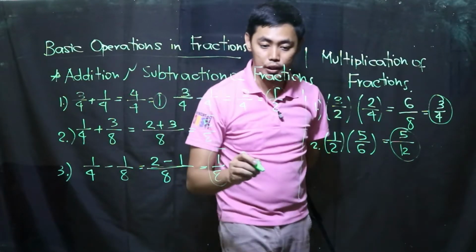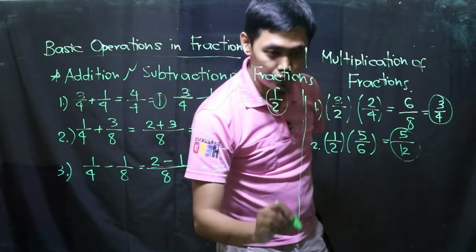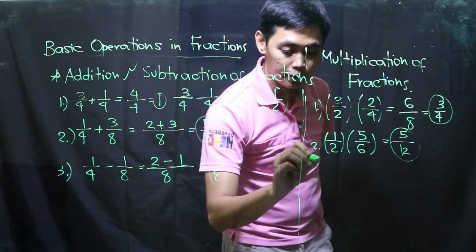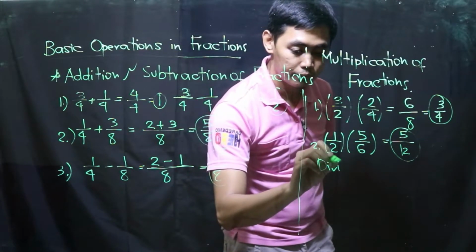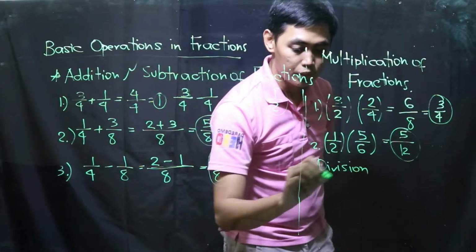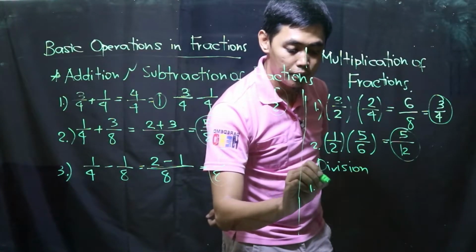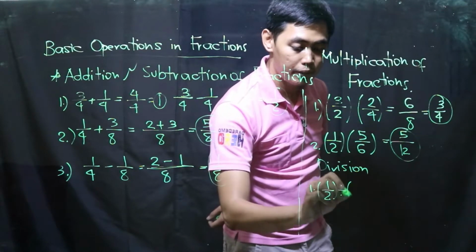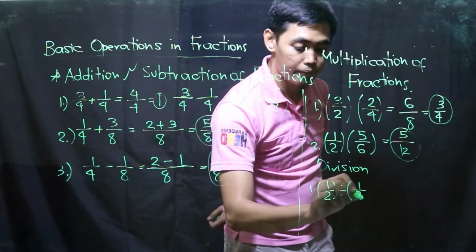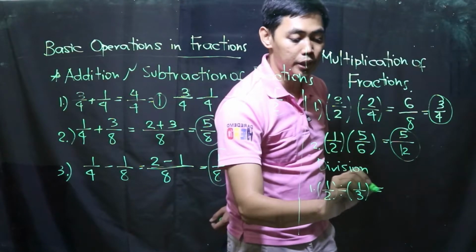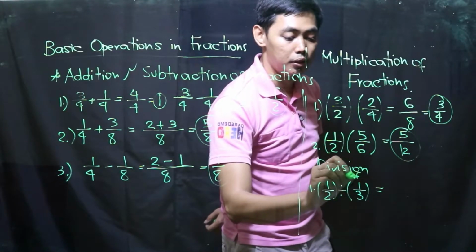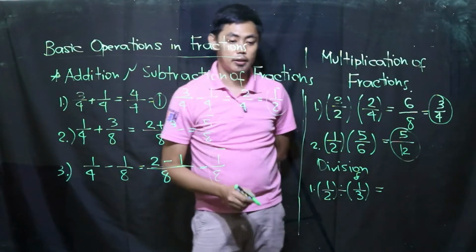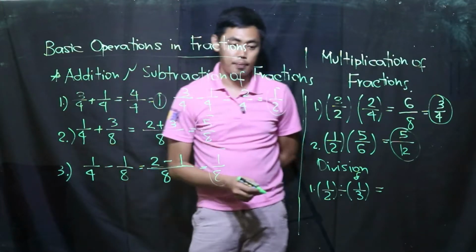How about division of fractions? Division of fractions goes like this. If you have a fraction 1/2 divided by 1/3, what you will do is find the reciprocal of that number, 1/3.